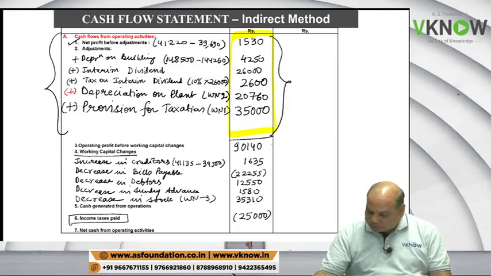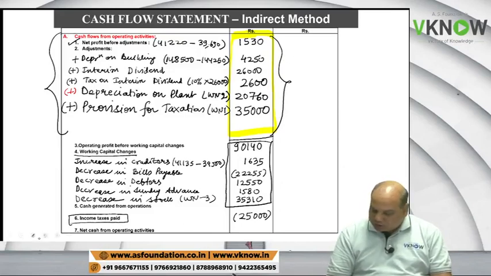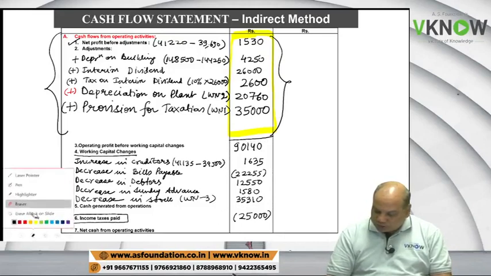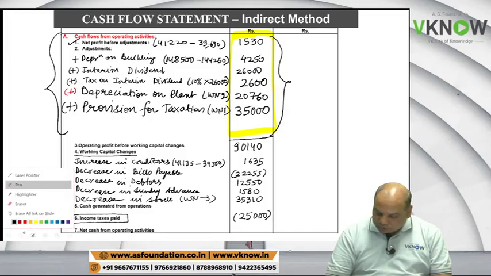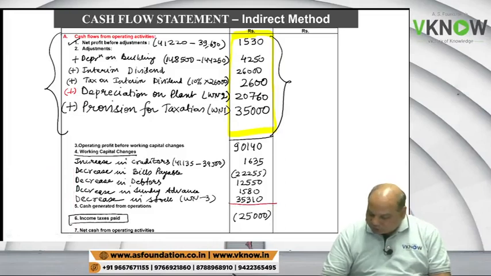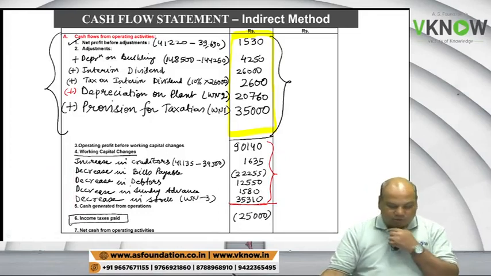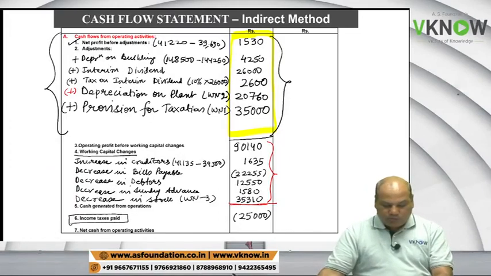Then you add to 90,140 the 35,310. You will get cash generated from operation, cash generated from operation before tax paid.